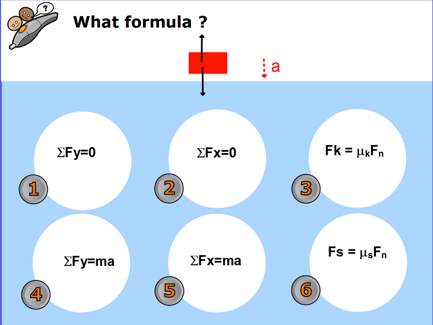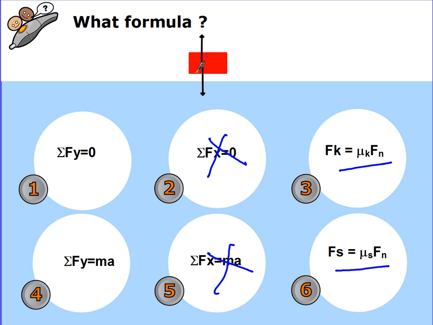Now, let's figure out what formula we would use. If this is my free body diagram, let's see. I have no vectors in x, so I'm not going to mess with that one. I'm not going to mess with anything with an x in it. This is a formula for kinetic and static friction. Basically what this is telling me is I'm looking for my net force in y is equal to what?